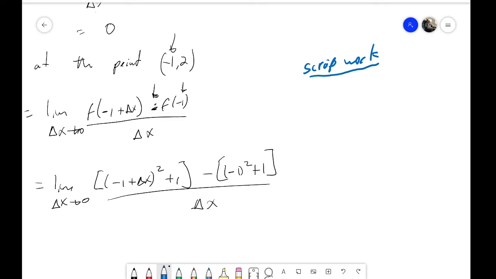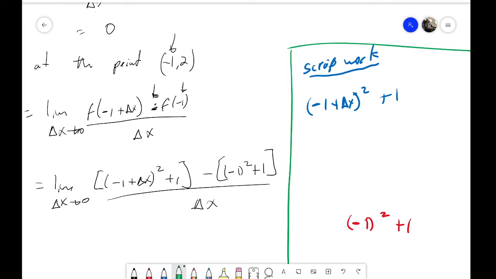So I suggest first working on one side of the function. For example, I'm going to work first on the minus 1 plus delta x squared plus 1, and then in the bottom I'm just going to work with the other one, which is minus 1 squared plus 1. So that's my suggestion to you. Do this on the side and then put it together.